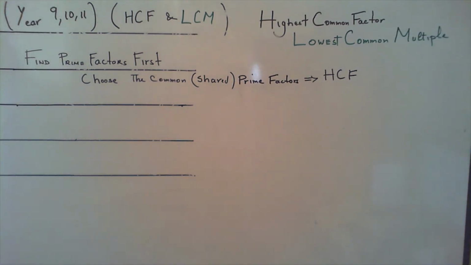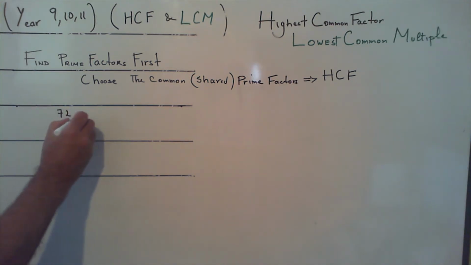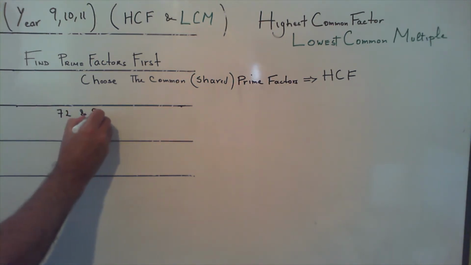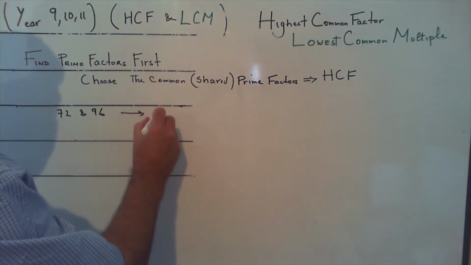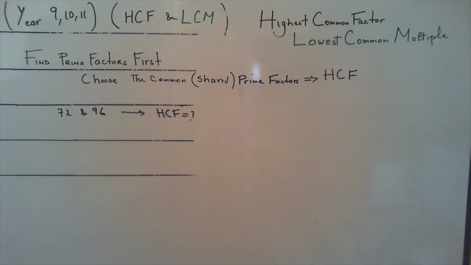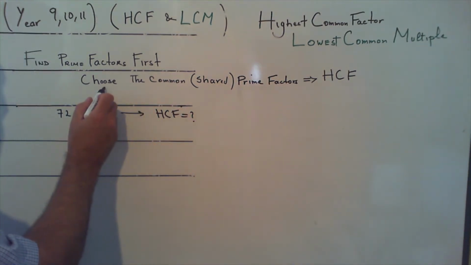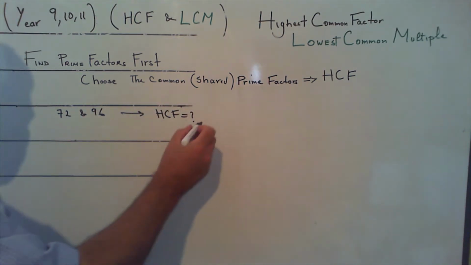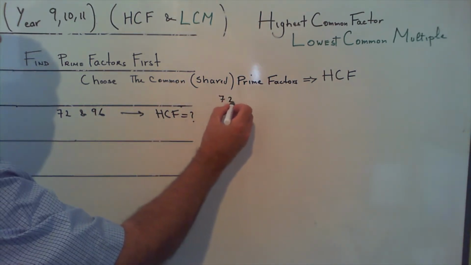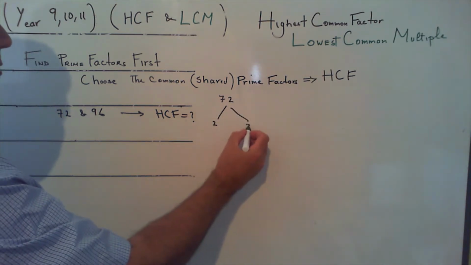Try an example. We've got 72 and 96. And the question is asking, what is the HCF? In order to find that, we need to find the common prime factors. Prime factors of 72, we quickly do it. First, we divide by 2, and you get 36.